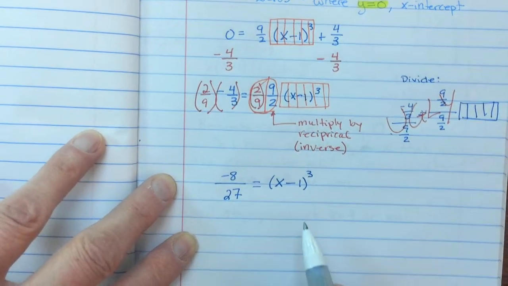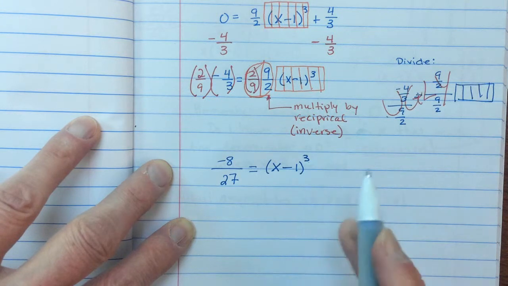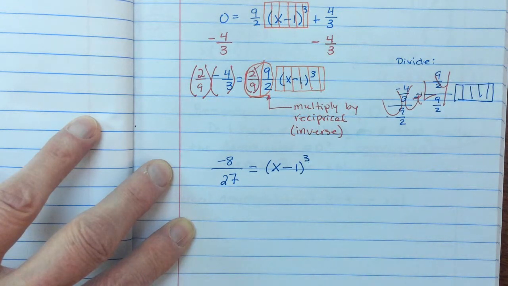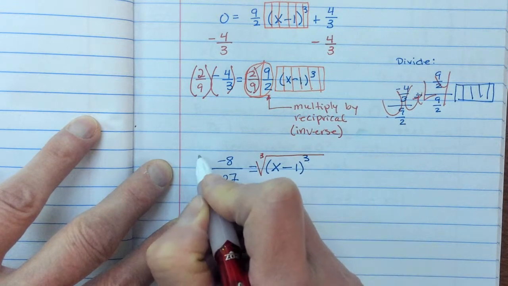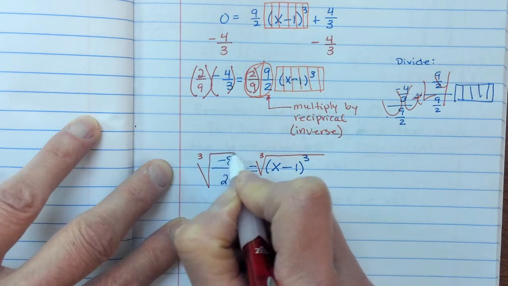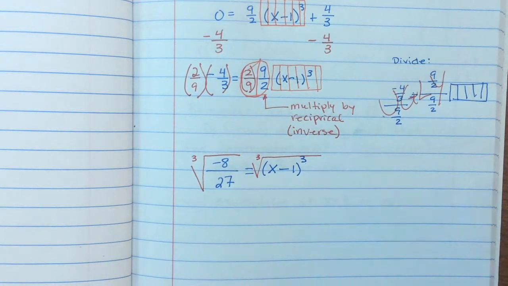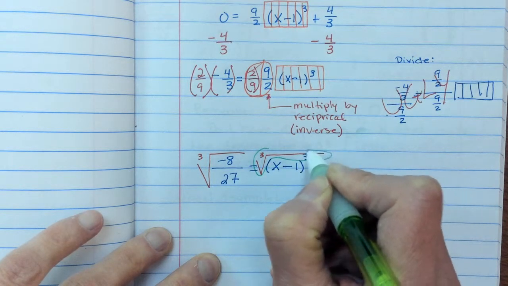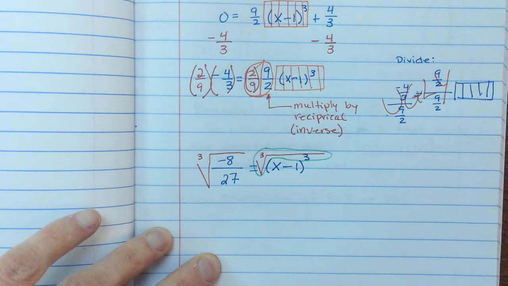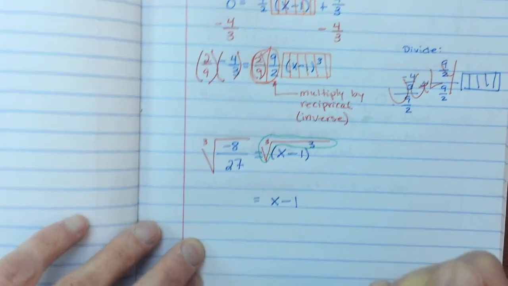So already it's looking much easier to do. I have to remember that the inverse operation of cubing is the cube root. So now I need to take the cube root of both sides of that equal sign. The cube root undoes a cube, so on my right side I have x minus 1.